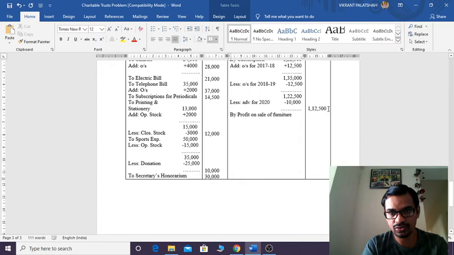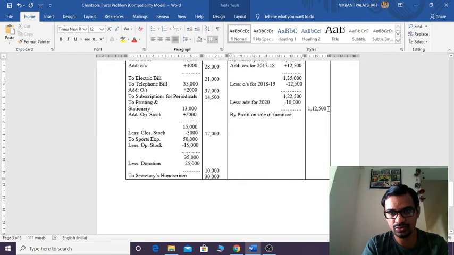Therefore, write down by hire of ground used for marriage, 48,750. Understood? Nothing is there, no adjustment is there on that, and therefore that is recorded directly under the outer column.